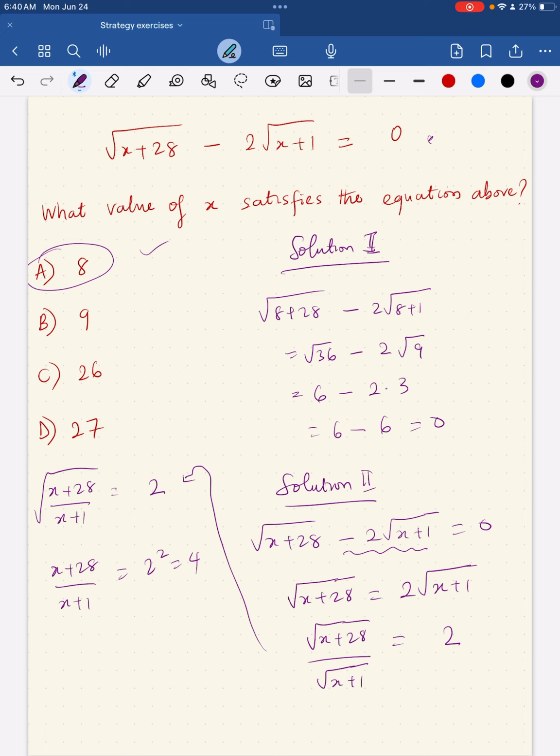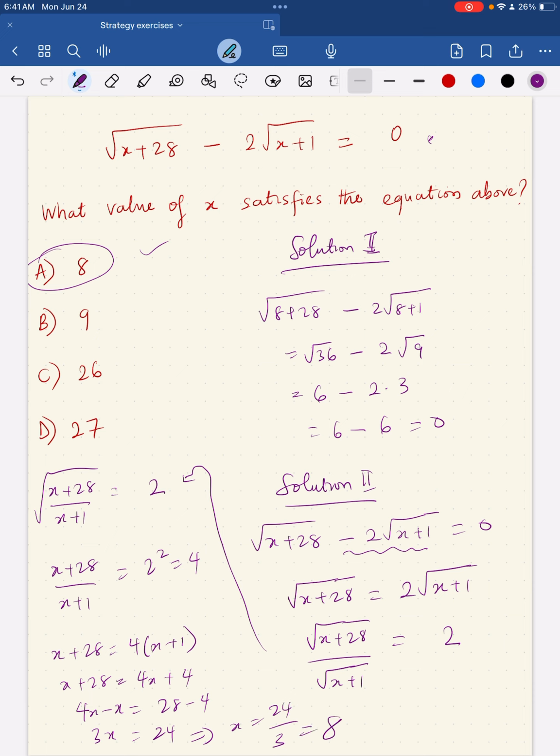So then x plus 28 equals to 4 times x plus 1. Then x plus 28 equals to 4x plus 4. Then we have 4x minus x equals to 28 minus 4. 3x equals to 24. So x equals 24 divided by 3, which is equal to 8.